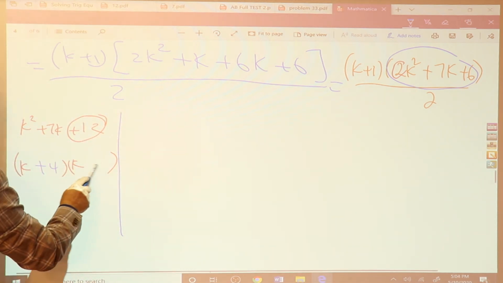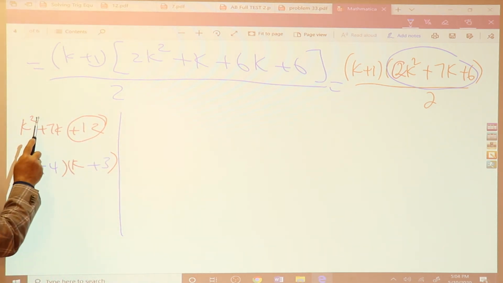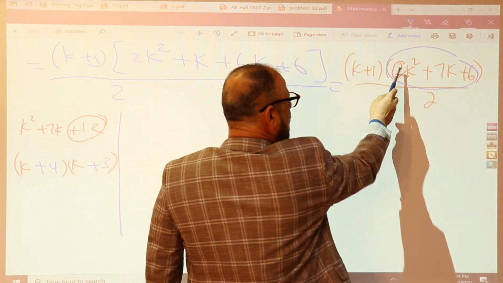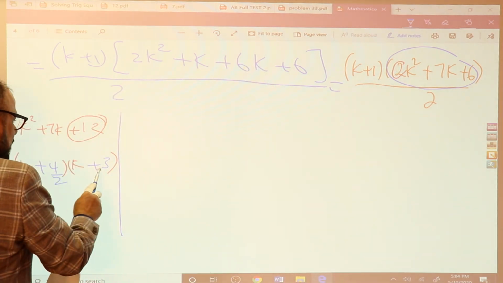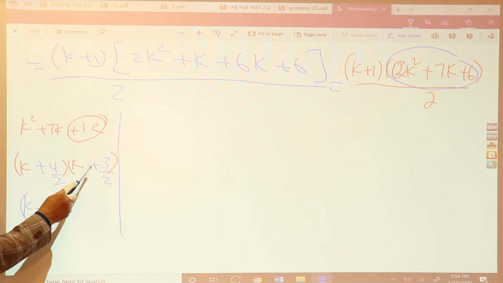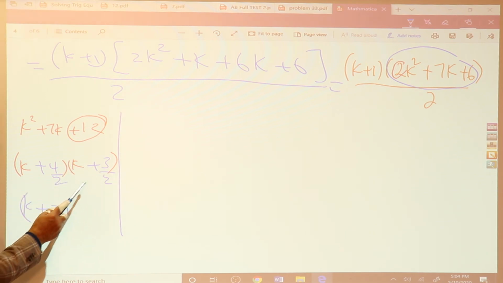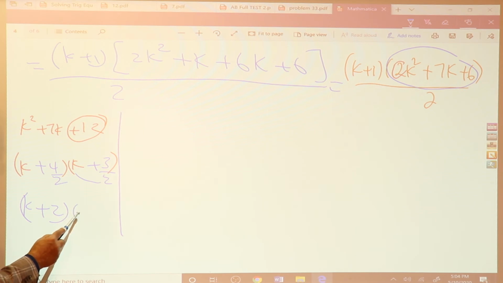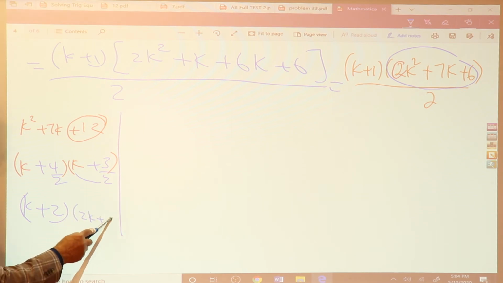Now remember the number we multiplied is 2, so you divide by 2 here and 2 here. 4 over 2 becomes k plus 2. And here, bring the 2 to the k, so it's 2k plus 3. We call this the AC method.